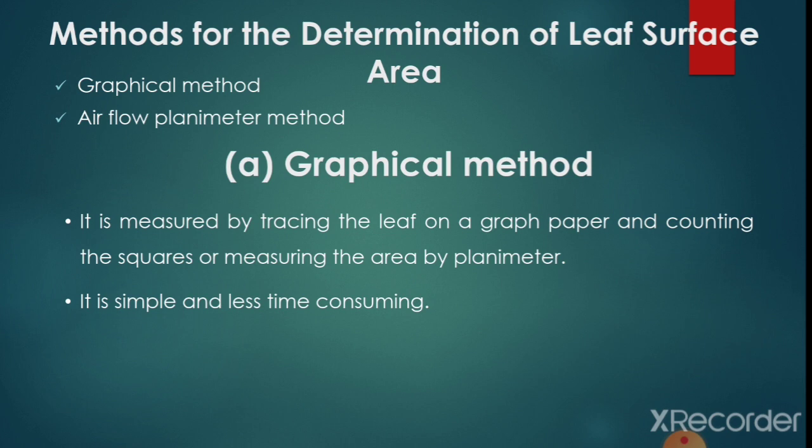As each square on the graph paper has an area of 1 centimeter square, the number of squares enclosed by the plant leaf outline is taken as the total surface area of that leaf. So this is a very simple technique to determine the surface area of any leaf. It is simple and less time consuming.